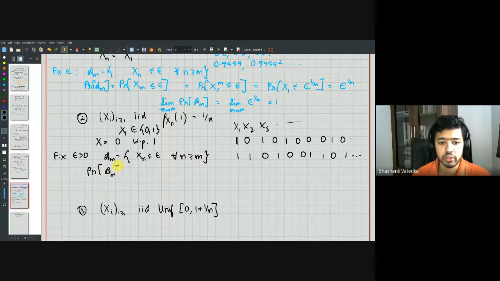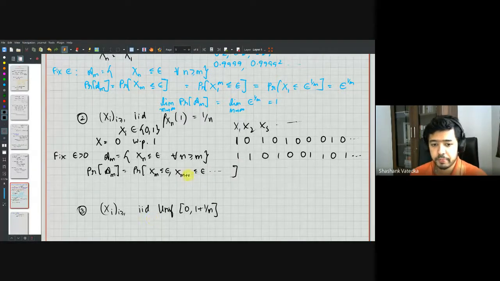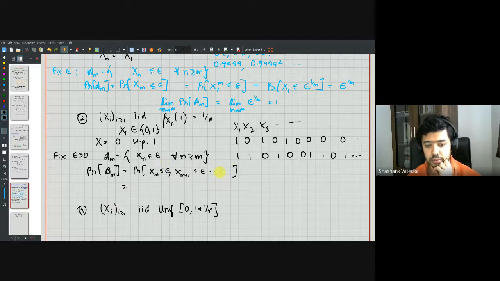The probability of AM is the probability that xm is less than or equal to epsilon, xm plus 1 is less than or equal to epsilon, and so on, right? It consists of infinitely many random variables. Okay, and we want to know what is the probability of this particular thing happening, right?